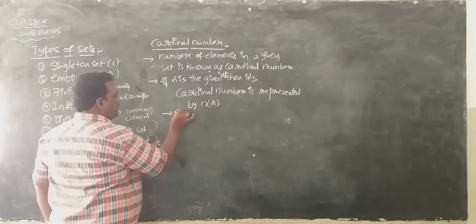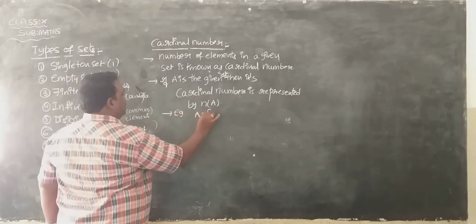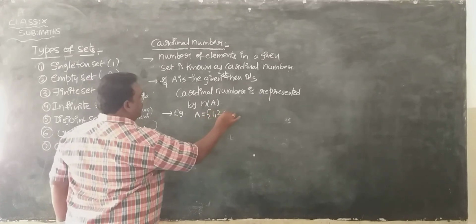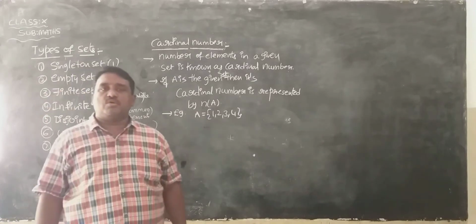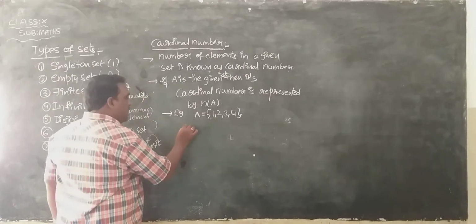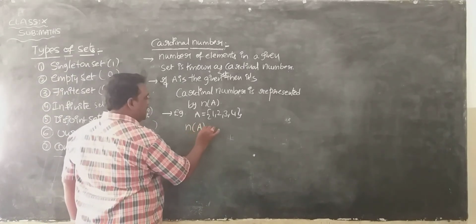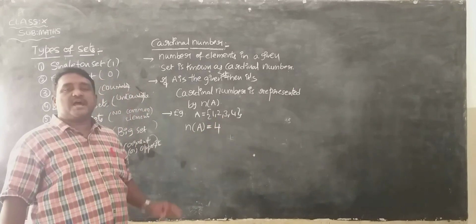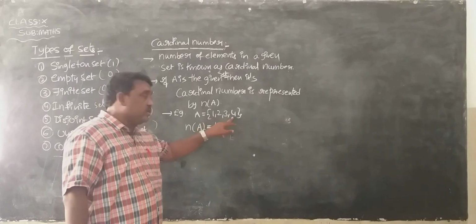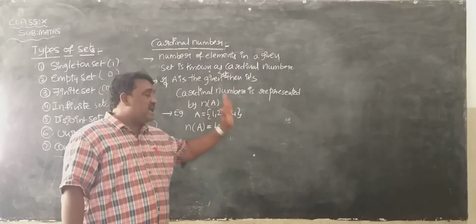Example: A equal to {1, 2, 3, 4}. Let us take a small example. How many elements are there? 4 elements are there. 4 is known as cardinal number, not this 4; count how many are there.